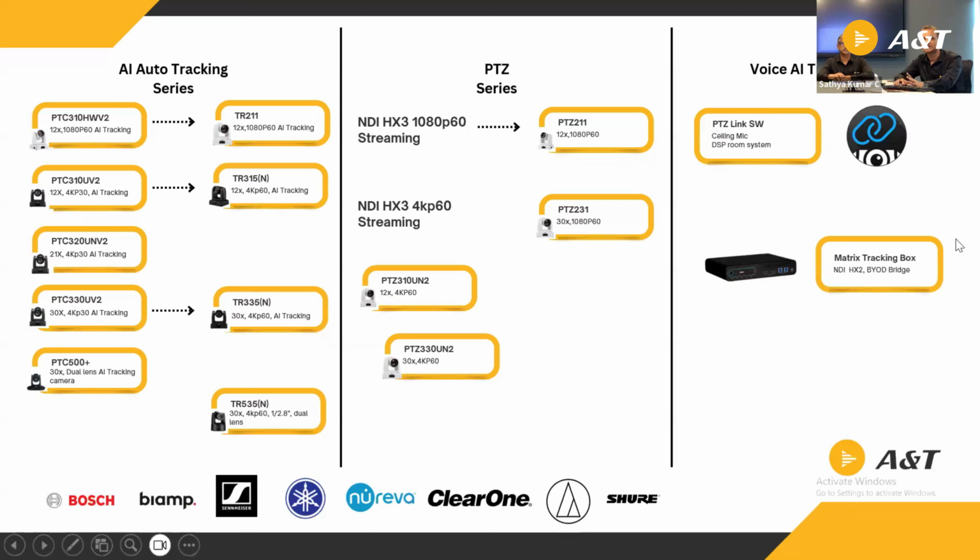That's how flexible this matrix tracking box is, which integrates with all the Ever Pro cameras only. You can also see we support all the major audio brands here. We collaborated with all the OEMs, and we have a separate pre-recorded video with each of them, available on our YouTube channel, for voice tracking and multi-camera switching.